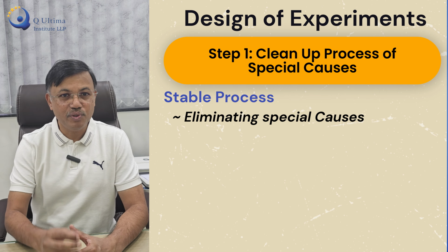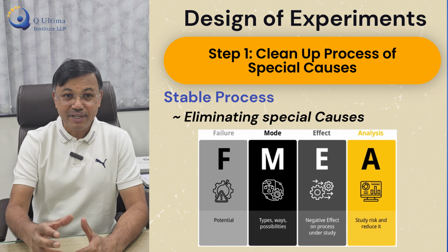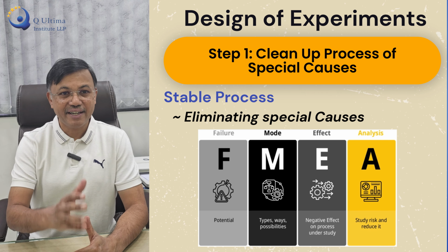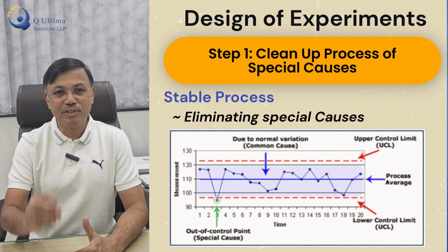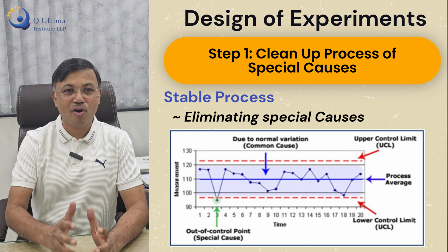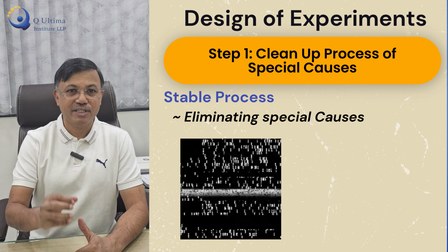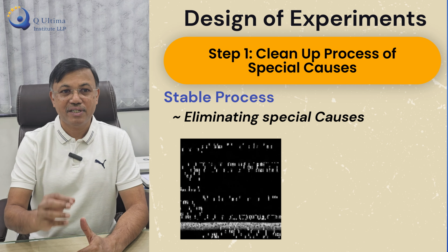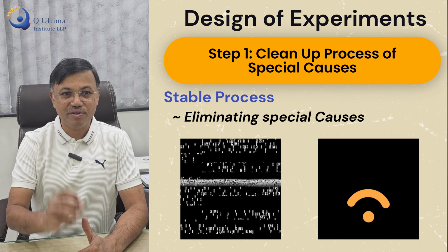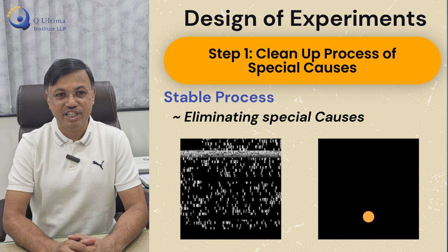We use tools like failure mode effects analysis, or FMEA, to proactively identify what could go wrong and correct it, and put a control chart to put guardrails in place so that the special causes do not enter easily. If our process isn't stable, our experimental results will be noise, not signal. Stability is the foundation and necessary condition of DOE.